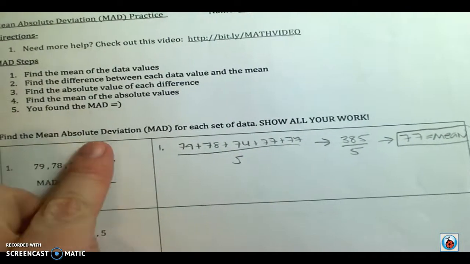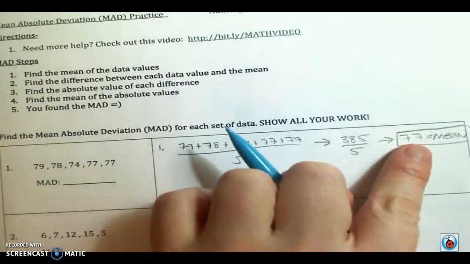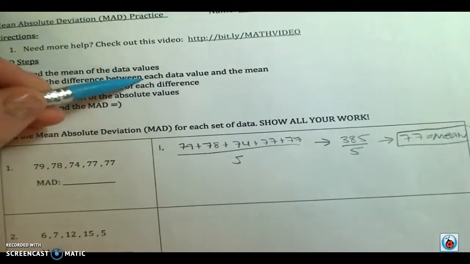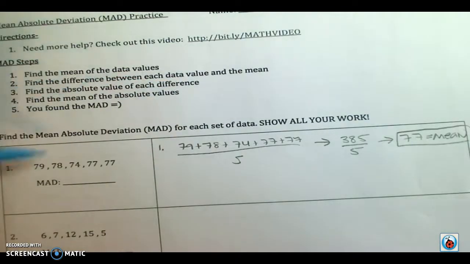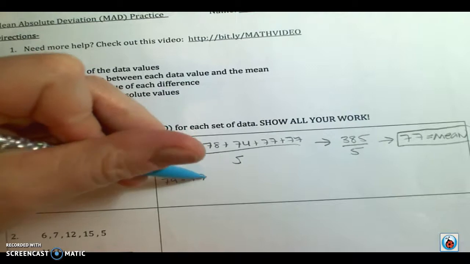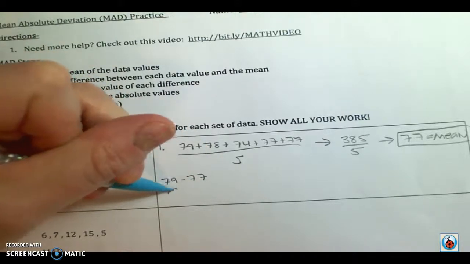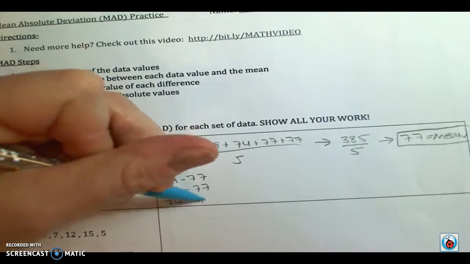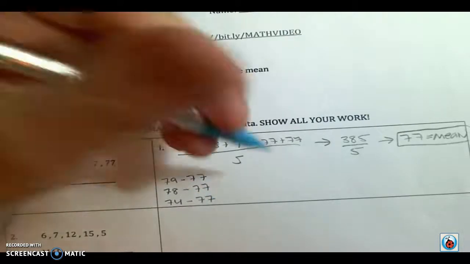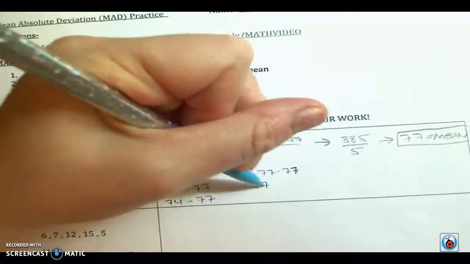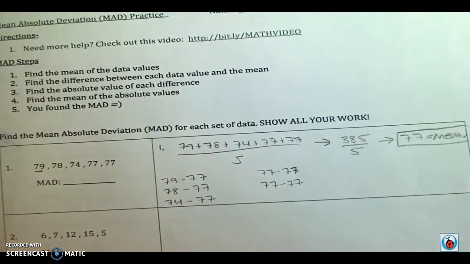Okay, but that's not what I'm finding. I'm finding the mean absolute deviation. So that's the average. So now I have to find the difference between each data value and the mean. So 79 minus 77, 78 minus 77, 74 minus 77, 77 minus 77, and 77 minus 77.